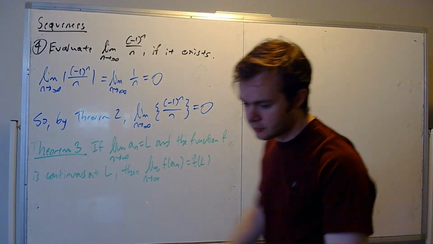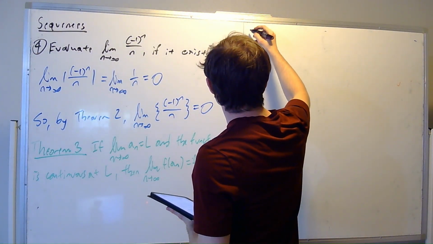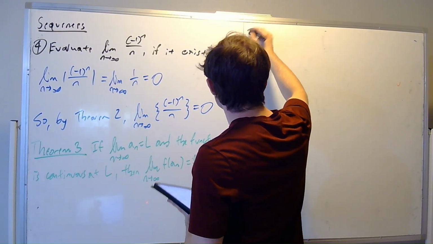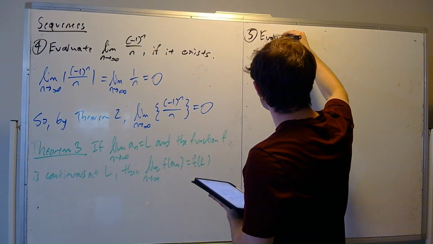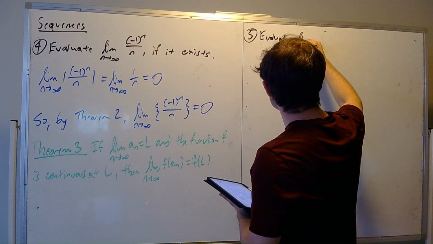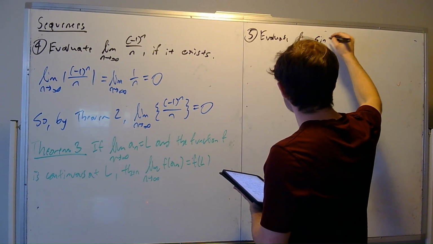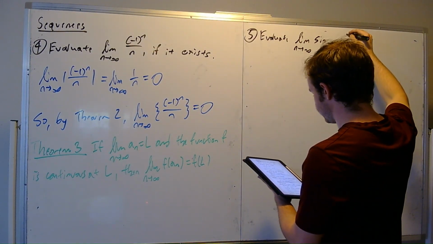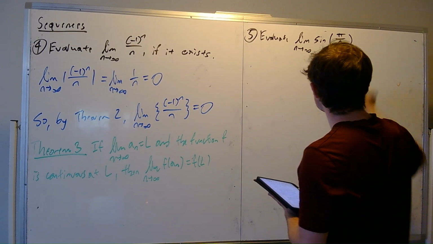Okay, so this one looks a little bit more complicated. Number 5, evaluate the limit as n goes to infinity of sine of pi over n.